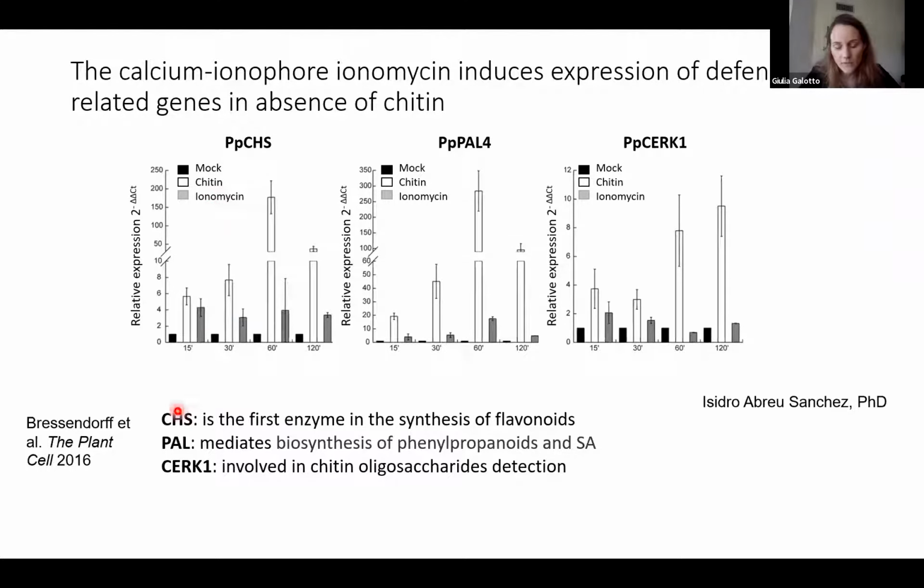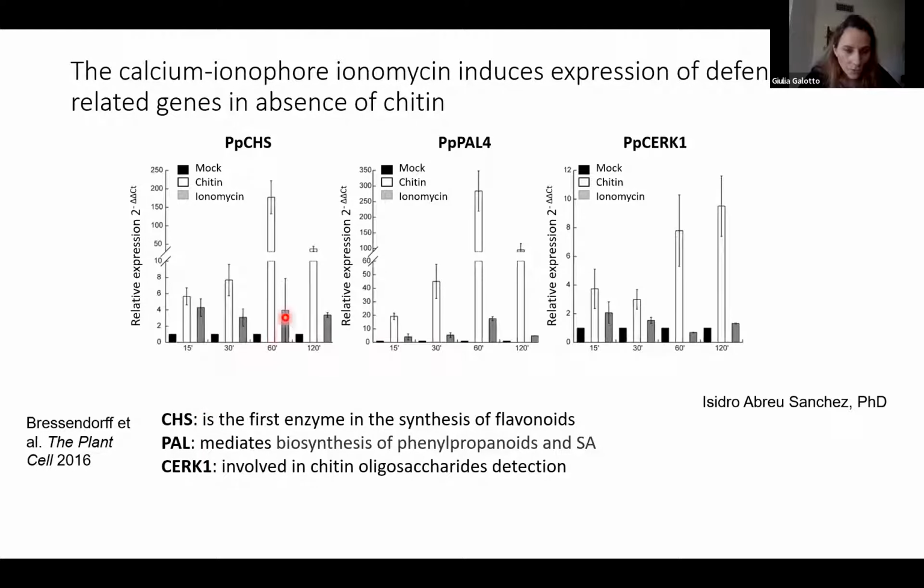The genes that we picked are ones that, thanks to Bressendorf et al., we know their transcription is increased upon chitin treatment in Physcomitrella patens. As you can see from this dark gray bar, calcium alone is sufficient to trigger the increase in transcription of these defense-related genes.